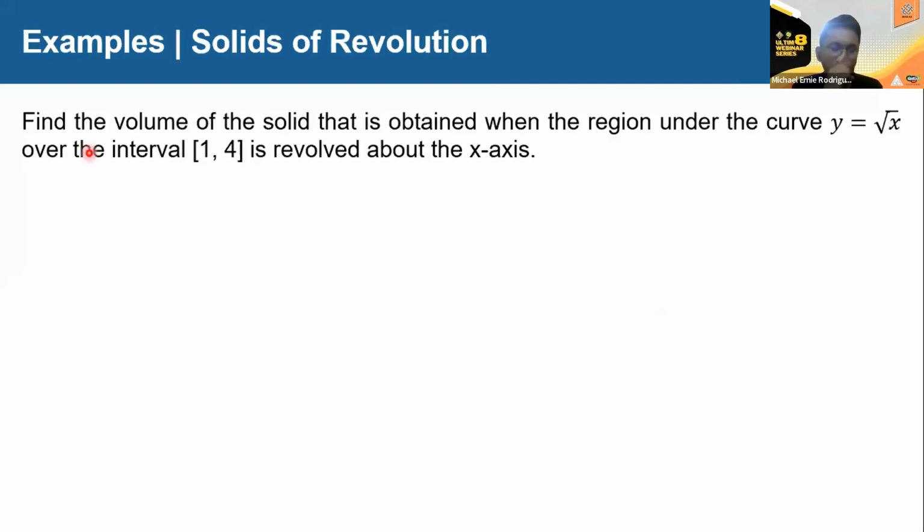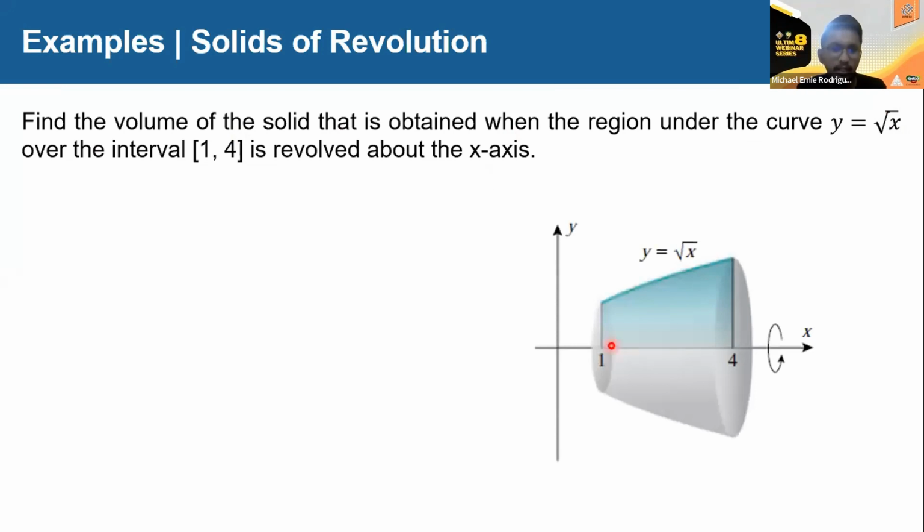Find the volume of the solid that is obtained when the region under the curve y is equal to square root of x over the interval 1, 4 is revolved about the x-axis. So dito, we have the curve. This curve is y is equal to square root of x.